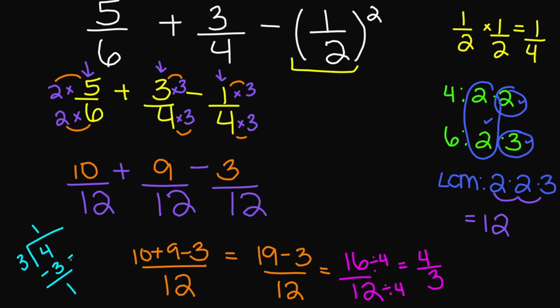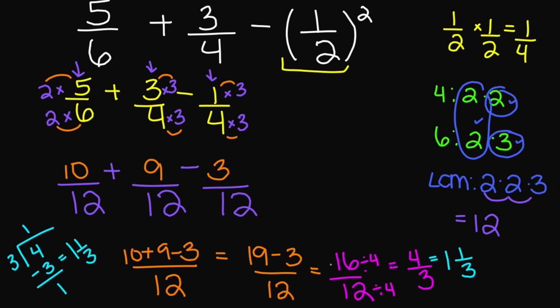So as an improper fraction, you're going to get 1 and 1/3 as your mixed number. And these are your answers here. Remember, 16 over 12 was our initial answer. Then we simplified it to 4 over 3. And because this is an improper fraction, we simplified it again to get a mixed number.